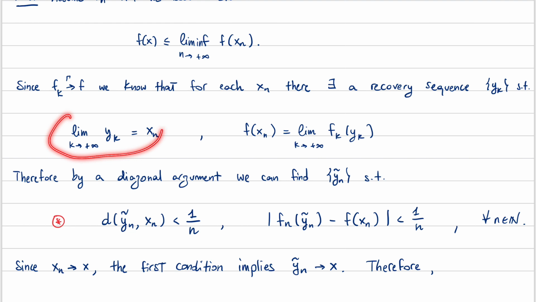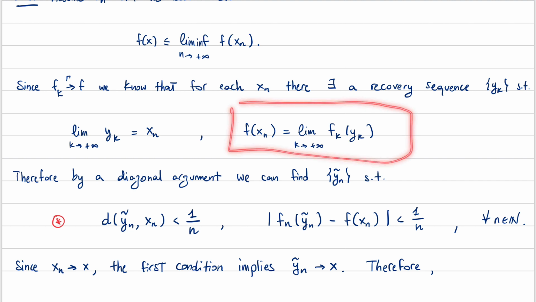And this is clear because this one holds. So by a diagonal argument, you can select such y tilde n. And also the other condition is that Fn of y tilde n is close to F of xn for every n. And again, this is easily obtained by this condition here.